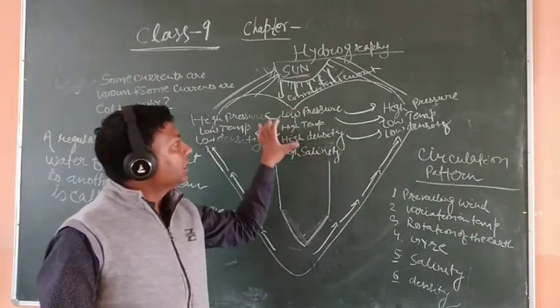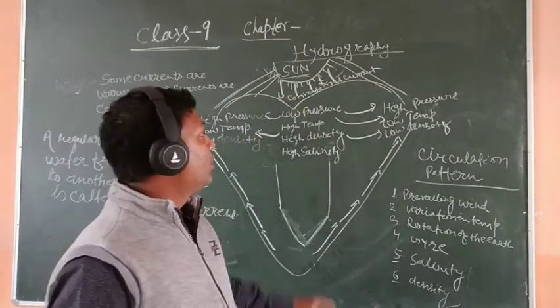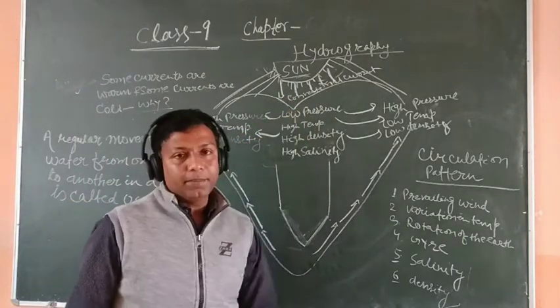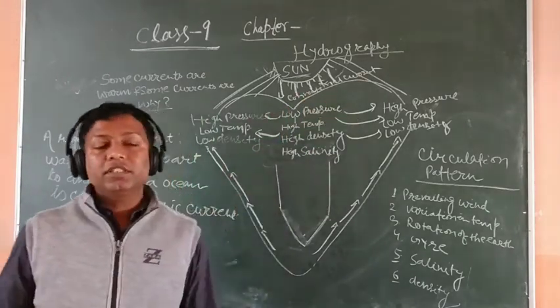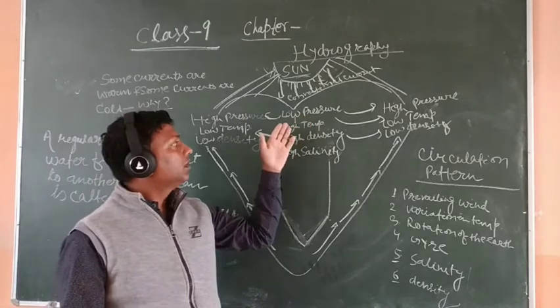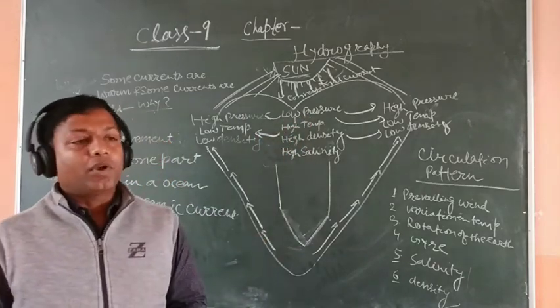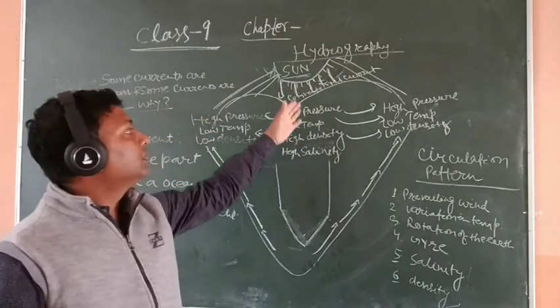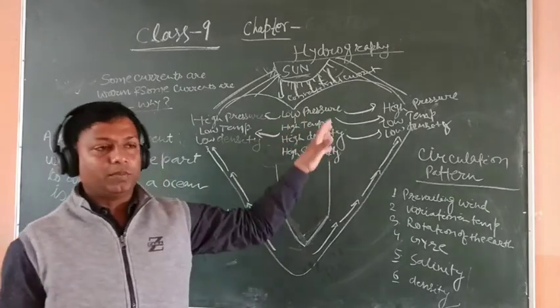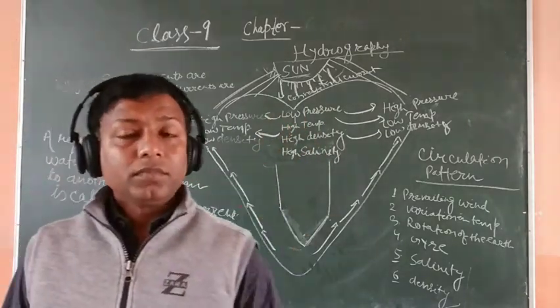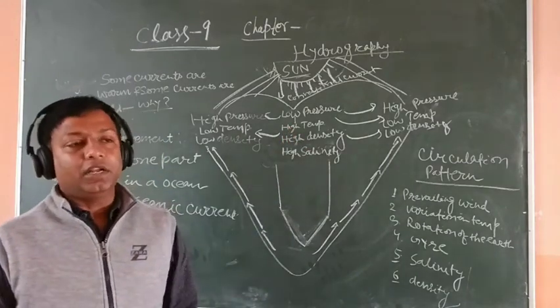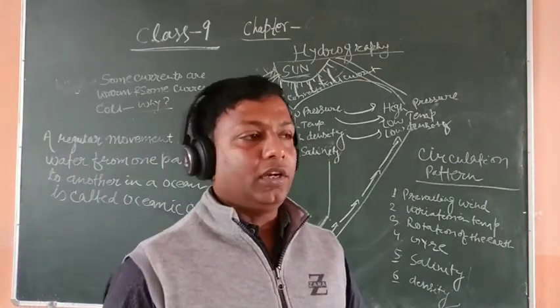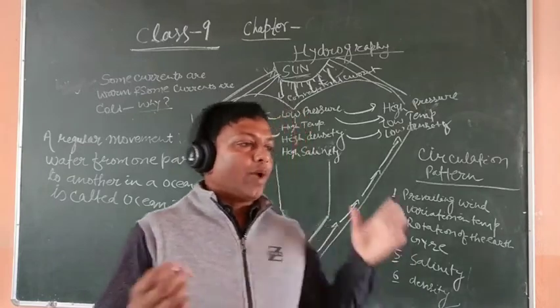So in this area we have high temperature, low pressure and convectional current. Why convectional current, why low pressure, why high temperature? Because the sun reaches directly on the surface of the earth in this area. With this high temperature, oceanic water evaporates.